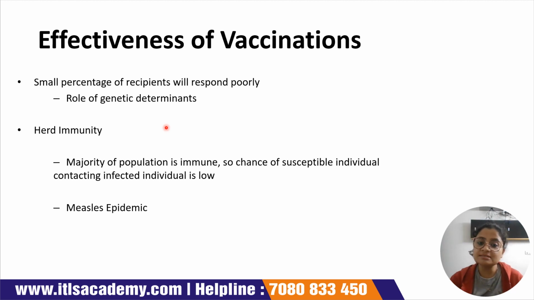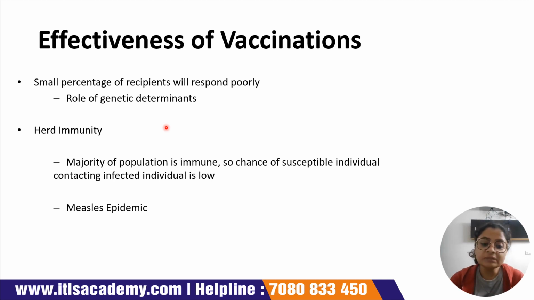Okay, so it's not necessary that if, for example, we are giving the COVID vaccination, Covaxin only, to 100 people, to immunize them against the COVID-19 virus using the same vaccine, all of those 100% will respond to the same level. The immune systems of all of those 100 recipients will not participate in the same manner. No, never. Some will respond in a good manner, some will respond in a poor manner. So that will depend on the genetic determinant or the genetic variance.